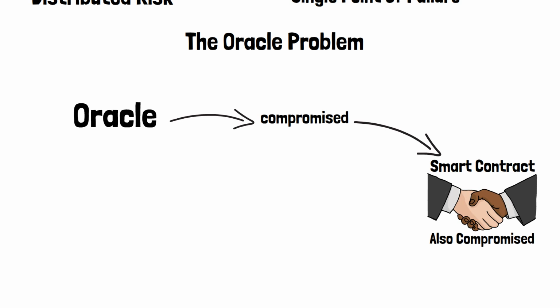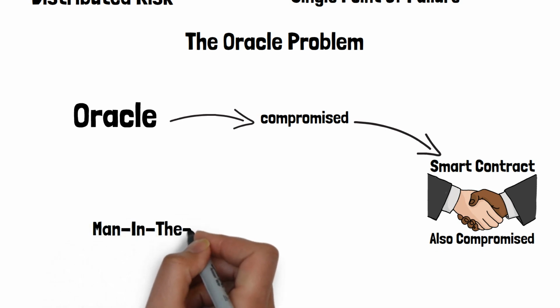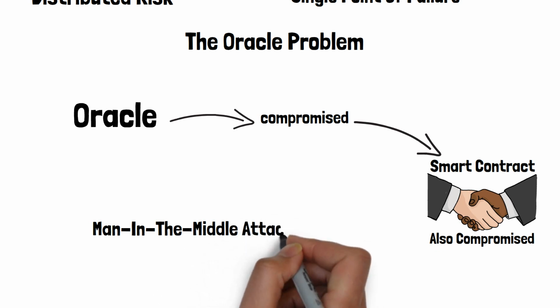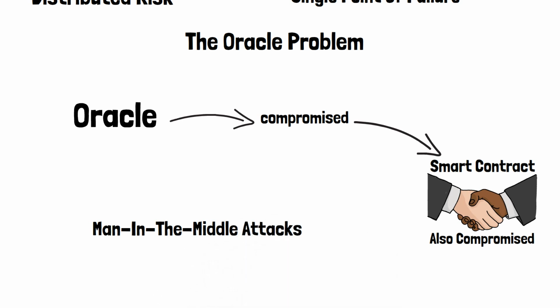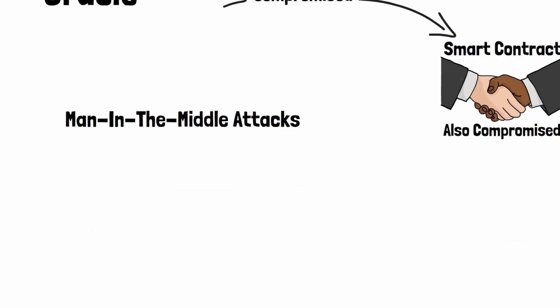Since oracles are not part of the main blockchain consensus, they are unfortunately not part of the security mechanism that public blockchains can provide. The trust conflict between third-party oracles and the trustless execution of smart contracts remains a mostly unsolved issue. Man-in-the-middle attacks can also be a threat, where malicious actors gain access to the data flow between the oracles and the contract and modify or falsify the data.